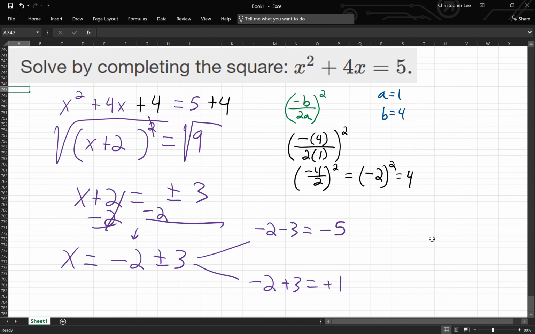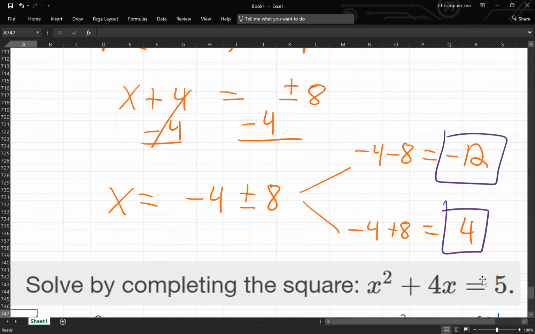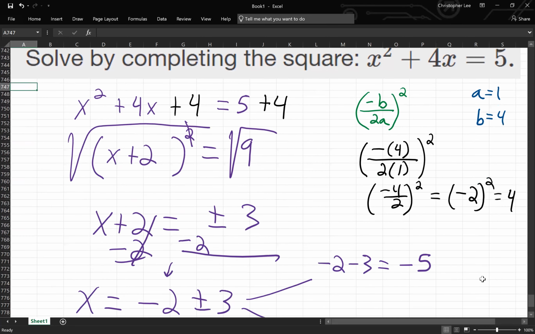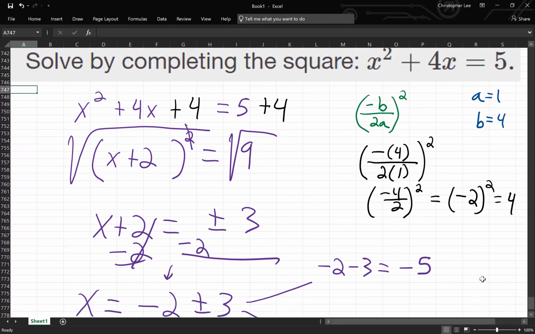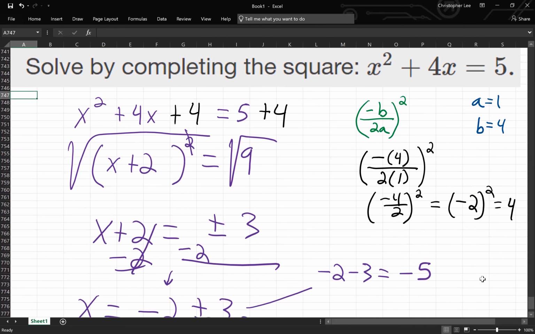So remember earlier, I was telling y'all, this is my way of doing it. So here's my logic. The only formula that I need to remember when completing the square is the negative b over 2a squared, the green formula right there. That's the only thing that I need to remember. Now, in the textbook, they would tell you something different.